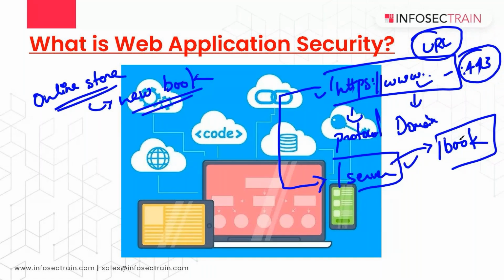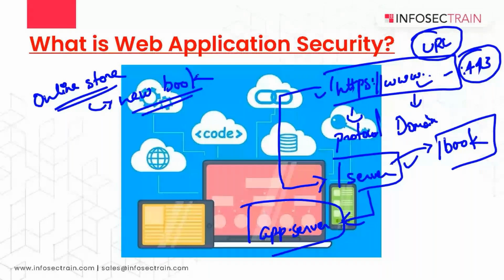Then after this, the web server is going to forward this request to our application server we are having. Now our application server will be sending our generated content back to our web server later on.